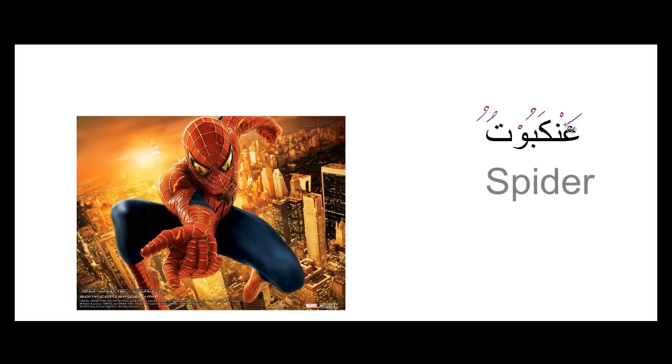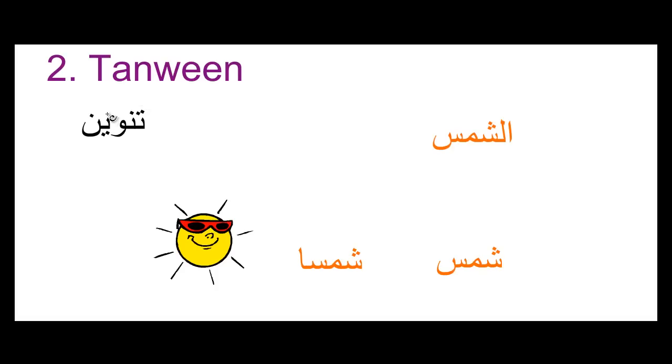You'll see that we have ankabutun, and this noon has a sukun, it has a little circle on it, and a good way to remember what it does is that it's a 0, meaning that it has no vowel, and so you stop on it. So you say ankabutun, spider.